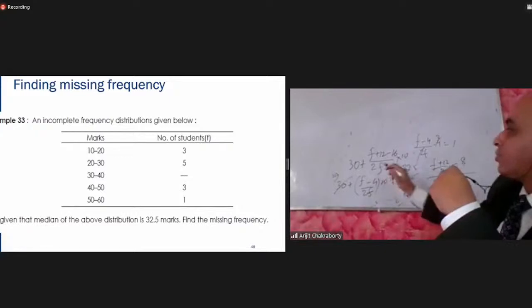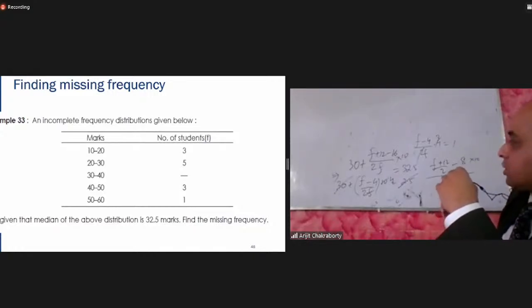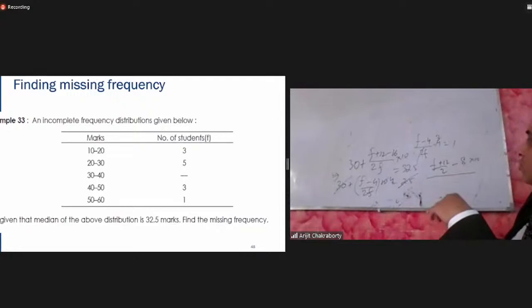So we had 2f here, because we are getting f plus 12 minus 16 by 2, and in the denominator we are getting 8. So 2f into 10 is equal to 32.5. Here we are getting 2.5, f minus 4, and therefore f should come to 8.